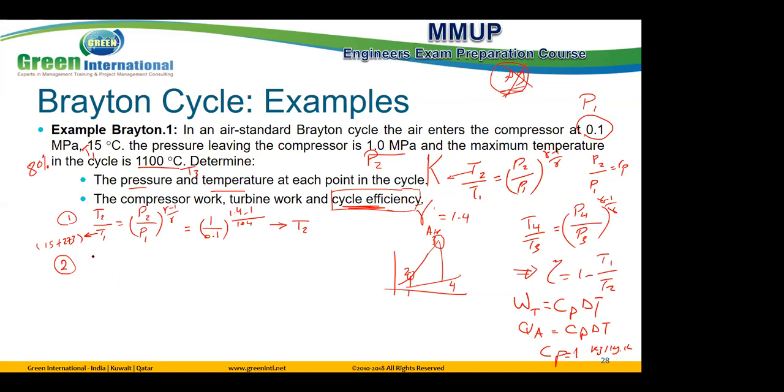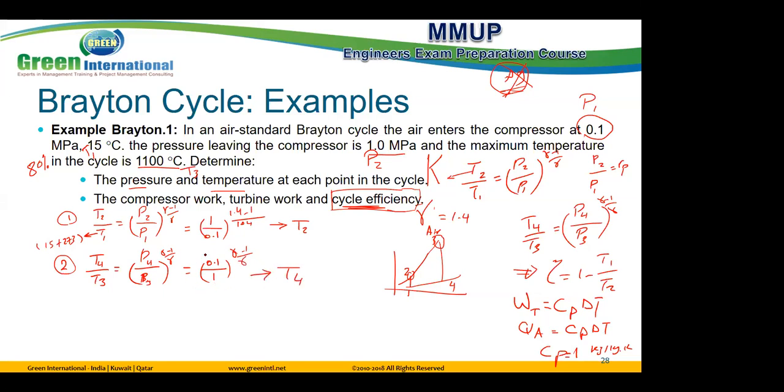For T4, we can write another equation: T4 divided by T3 is equal to P4 by P3, to the power gamma minus 1 over gamma, which is equal to, again, P4 is the same as P1, so 0.1 divided by 1, to the power gamma minus 1 over gamma. From this equation you can get T4.